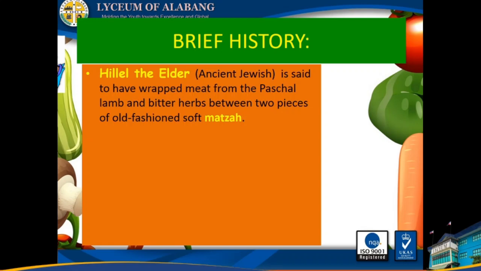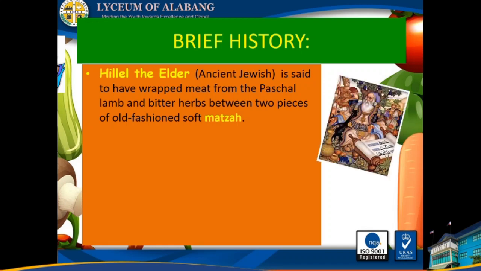The first recorded sandwich was by the famous Rabbi Hillel the Elder, who lived during the 1st century BC. He started the Passover custom of sandwiching a mixture of chopped nuts, apples, spices, and wine between two matzah to eat with bitter herbs.